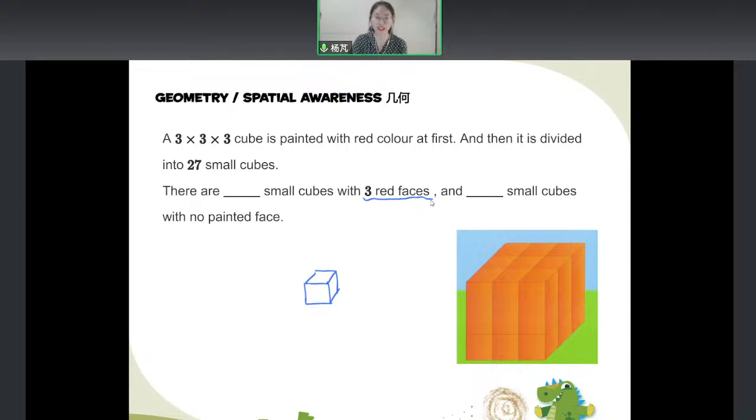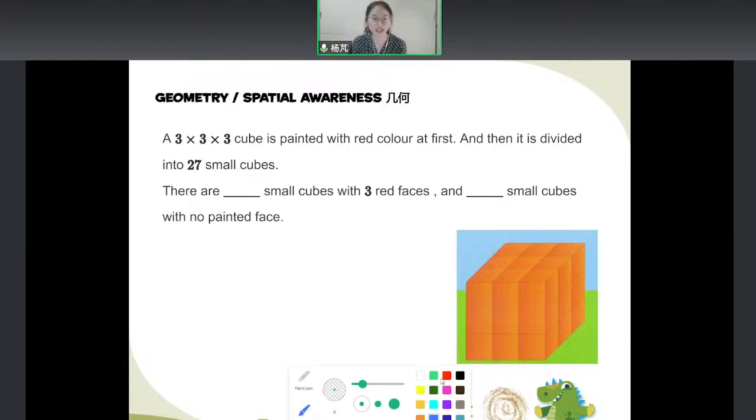Actually this is not hard, because we can just observe the big cube and see whether we can find a cube with 3 red faces and another 3 faces with no color. Can you find it? Let's see. Is this cube one with 3 painted faces?